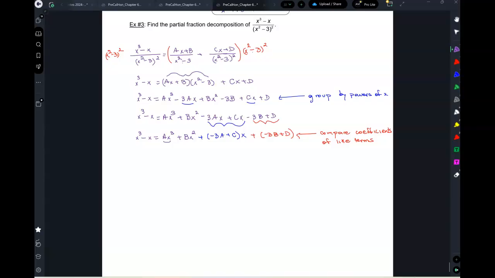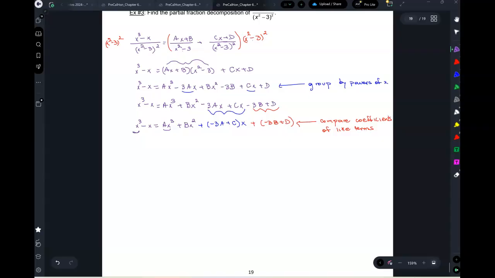What is the coefficient of x cubed in that term? a. On this side of the equation, where is the x cubed term? Right there. What is the coefficient of that term? 1. So if the left and the right are the same, that means for each term, the coefficients have to be equal to each other. So if this x cubed has a coefficient of a, and the other x cubed has a coefficient of 1, then a is equal to 1.